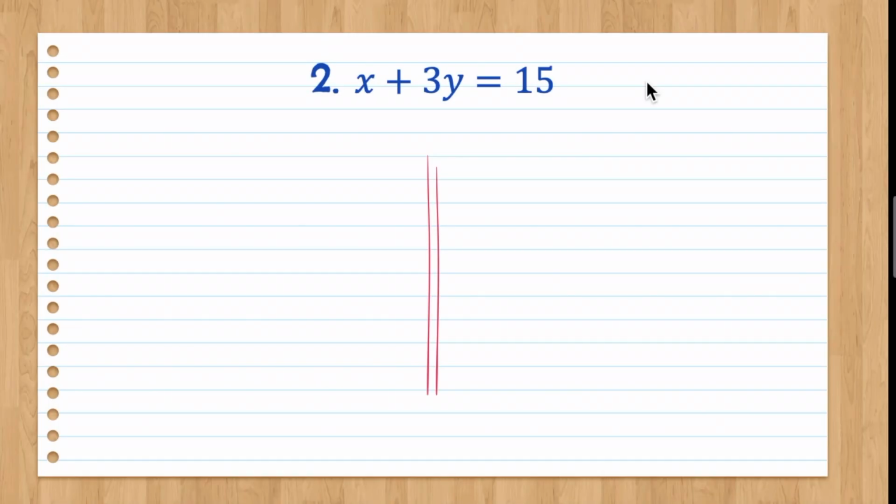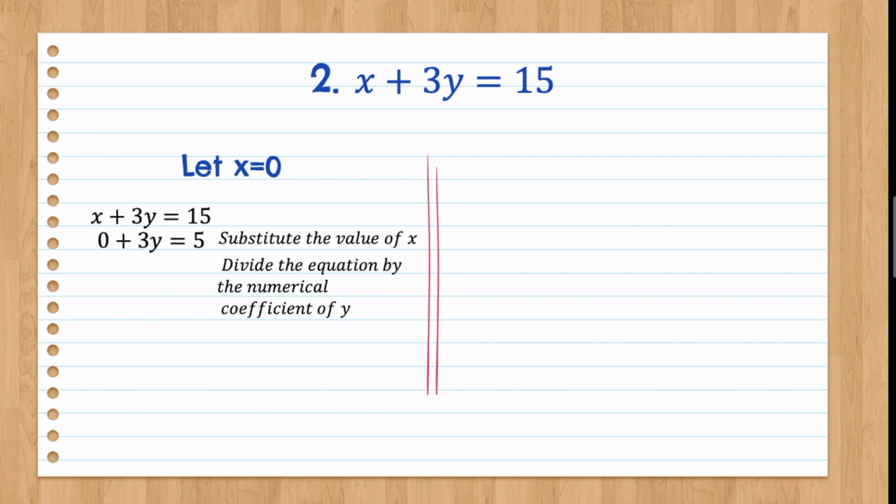Next example will be x plus 3y is equal to 15. So, again, you let x be equal to 0. So, what will happen? You're just replacing your x with 0. So, substitute the value of x, and then magiging ganito yan. 3y is equal to 15.